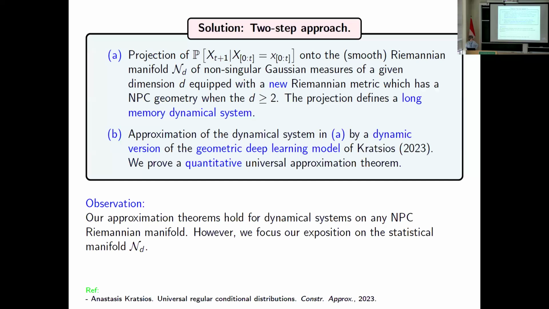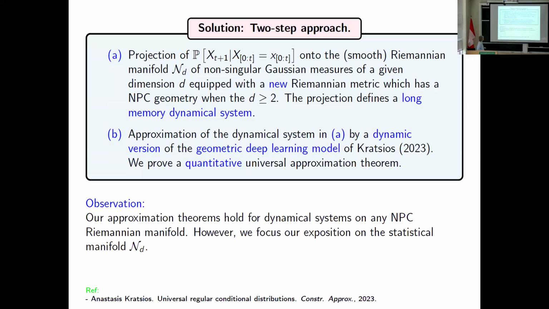This manifold is the manifold of non-singular Gaussian measures of a given dimension D. We equip this space with a new Riemannian metric, and the main point of this new metric is that it has a non-positive curvature geometry when D is greater than or equal to 2.